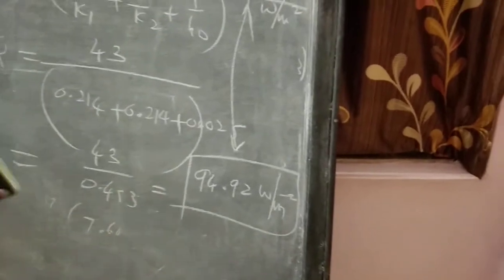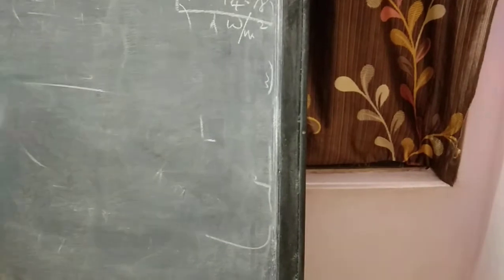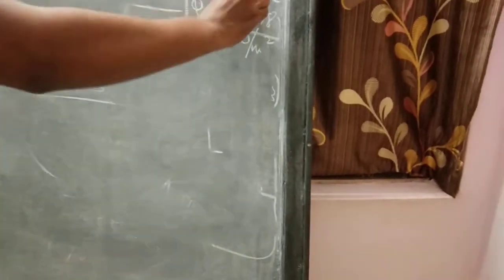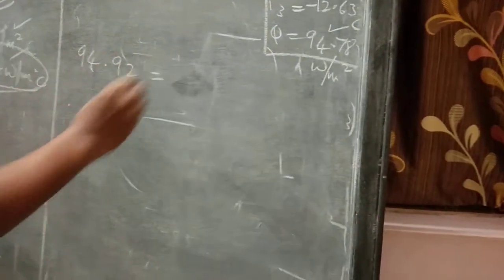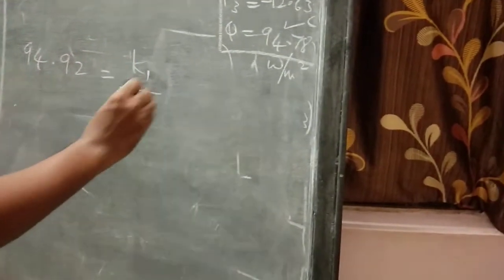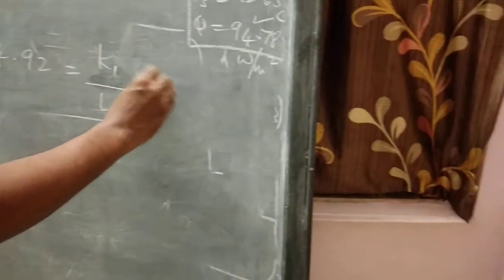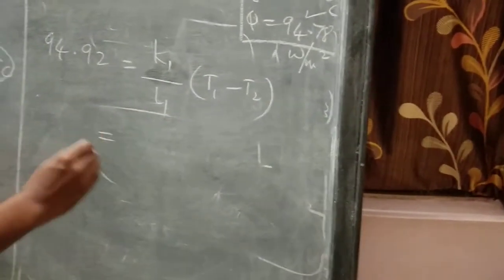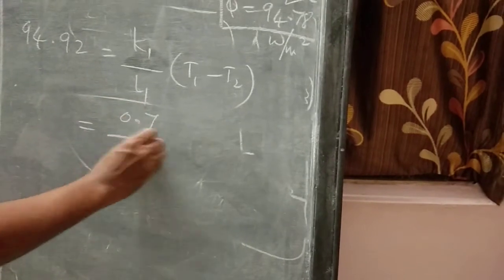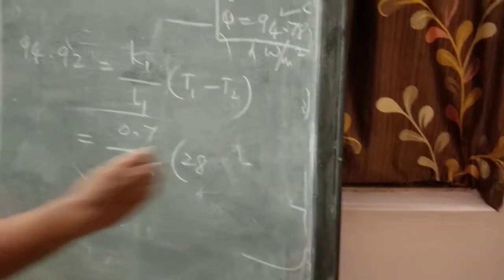Now this 94.92 is from the analytical method, and it is verified with this heat flux. Now this 94.92 is equal to K1 by L1, K dT by dx, into bracket dT. What is dT? The temperature difference T1 minus T2. K1 is 0.7, L1 is 0.15, and T1 given is 28 minus T2, which is unknown.